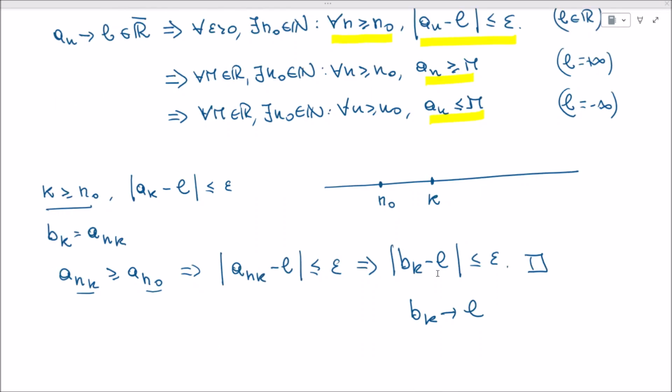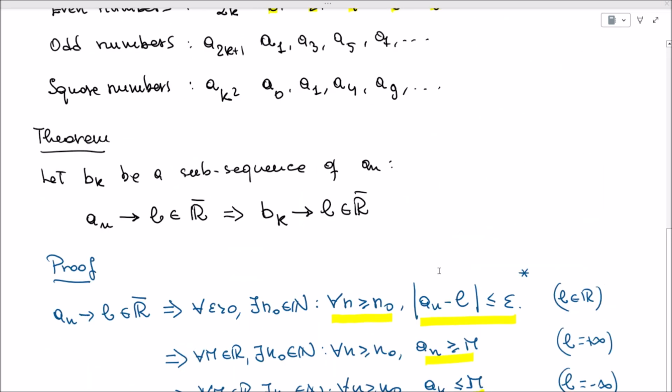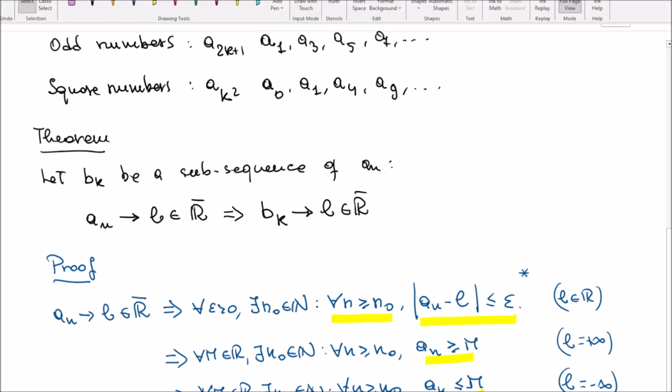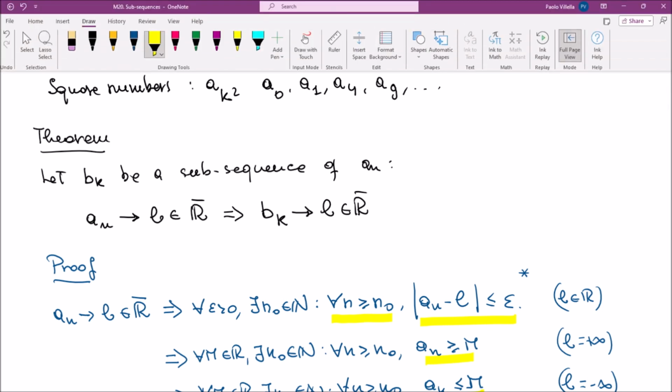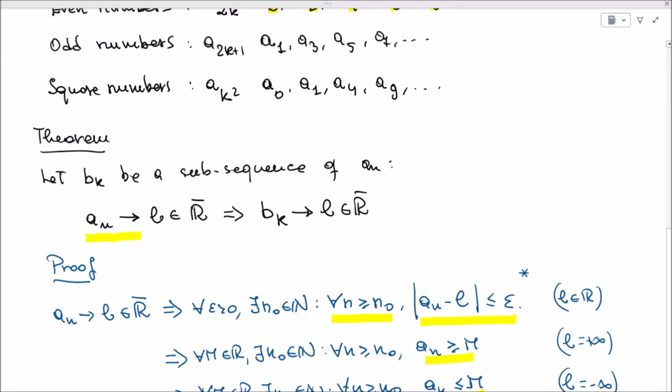Now, it is important to realize that this theorem is based on the hypothesis that the original sequence an has a limit L. This limit can be finite or infinite, but anyway it has a limit. If an tends to a limit L, we know that each subsequence extracted from an tends to the same limit.